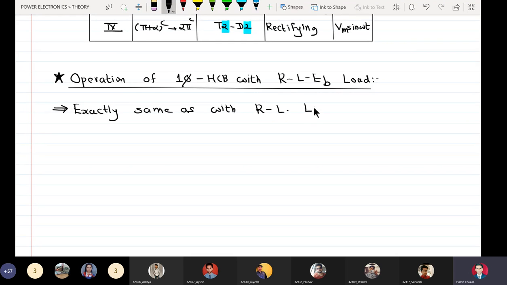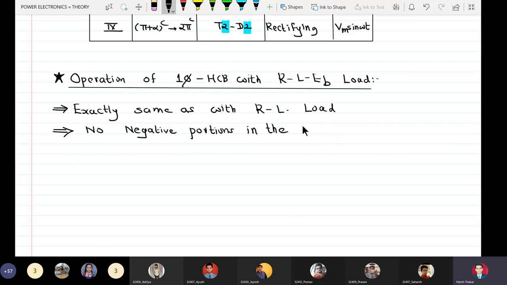Exactly same as with RL load. What do you mean when we say that exactly same? That no negative portions in the VL waveform, this is very important, student.